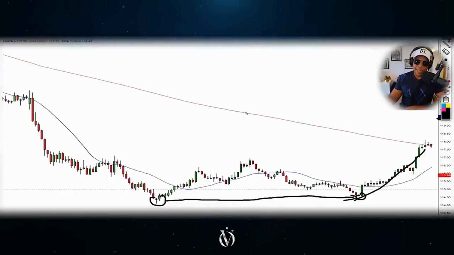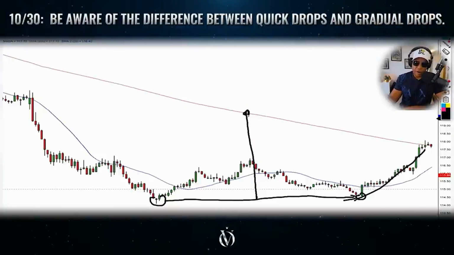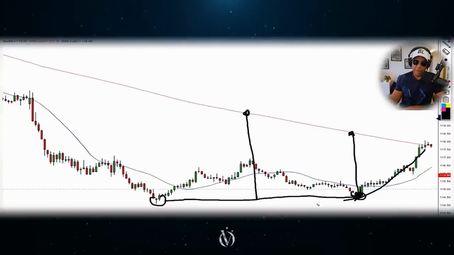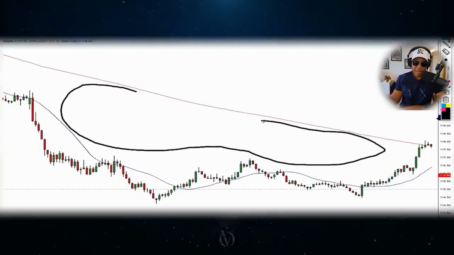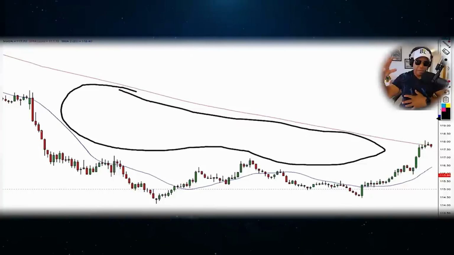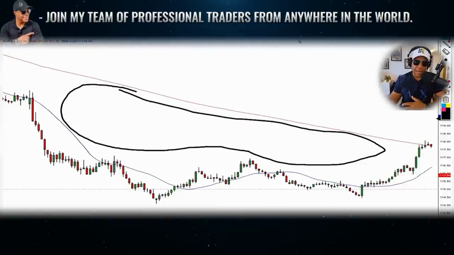Now, what's cool is that I also have the space. The 20 is still far, the 200 is still far from my entry. If this were to happen here, it's a different story. But this whole amount of space is like open air for the stock to flow to the upside.